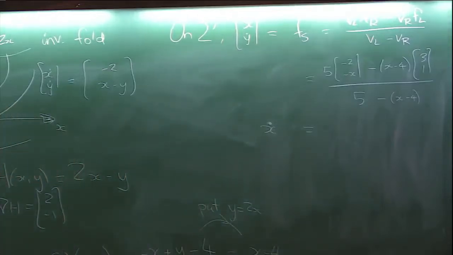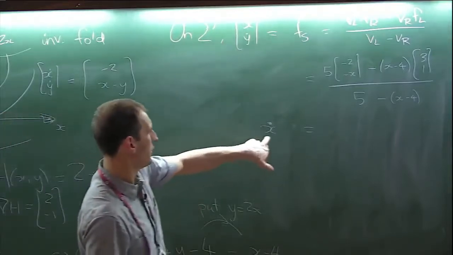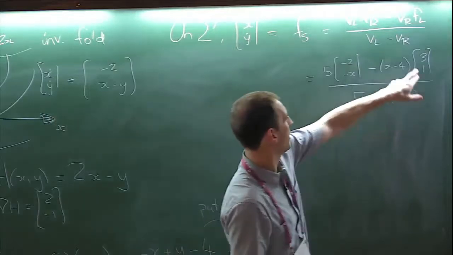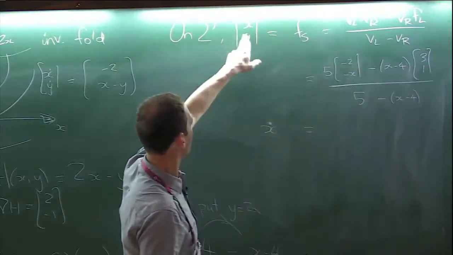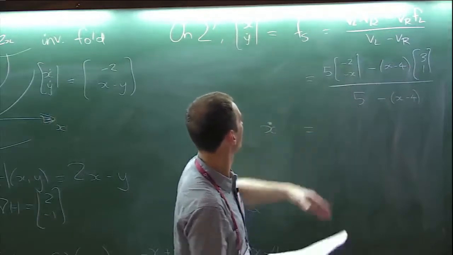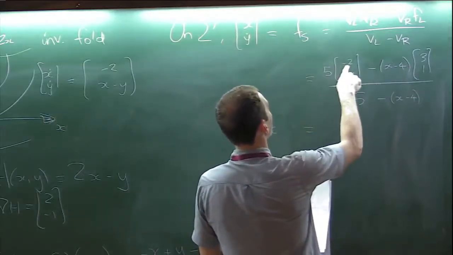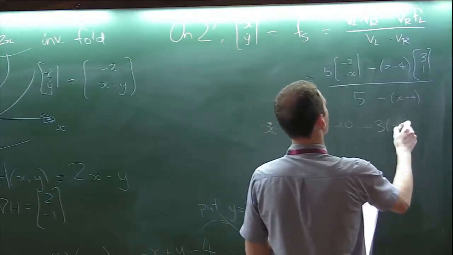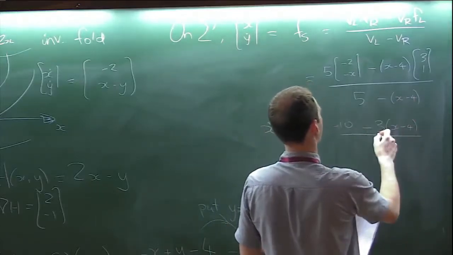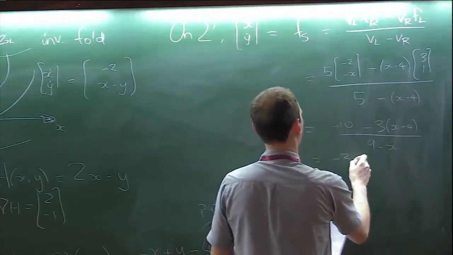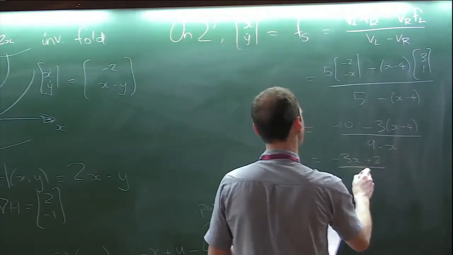But the sliding vector field is effectively one-dimensional. I only need one equation to describe it. So since I've got x's here, I'll just write the equation for x dot. So x dot is the first component. So I've got 5 times minus 2, and then minus 3 over 9 minus x, minus 3x plus 2.